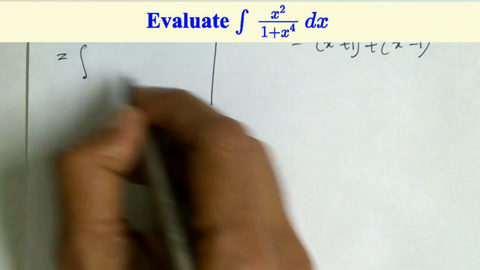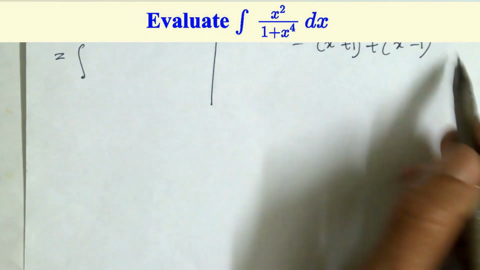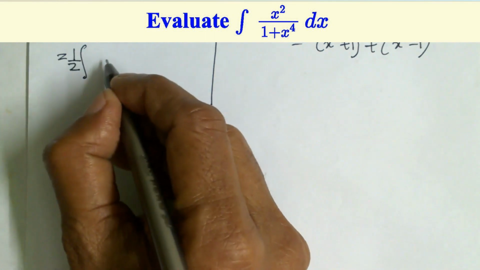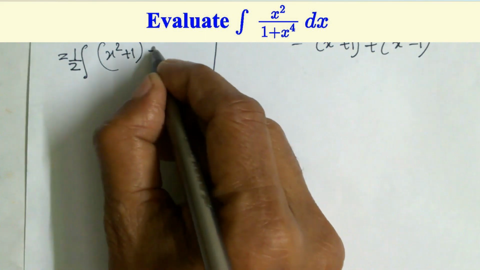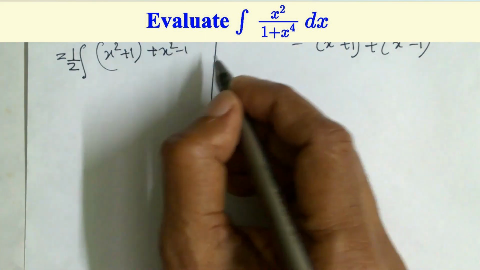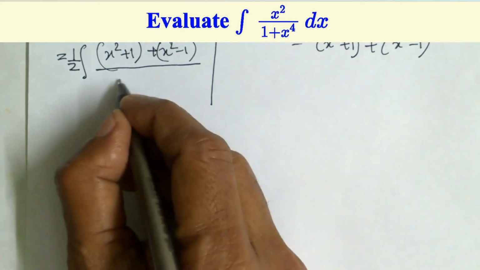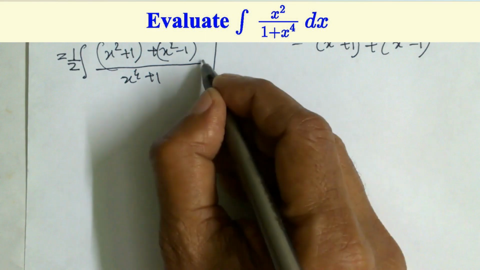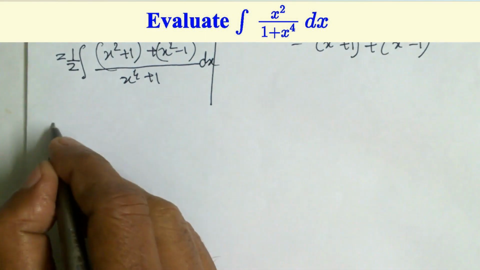So integration, writing in place of x square, half of this, so half of x square plus 1 plus x square minus 1 by x to the power 4 plus 1, writing this way. Okay, any problem? No problem.